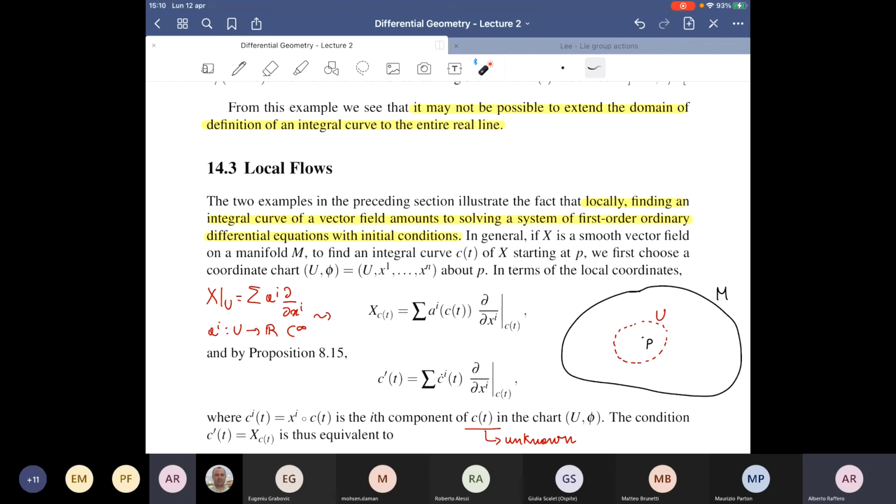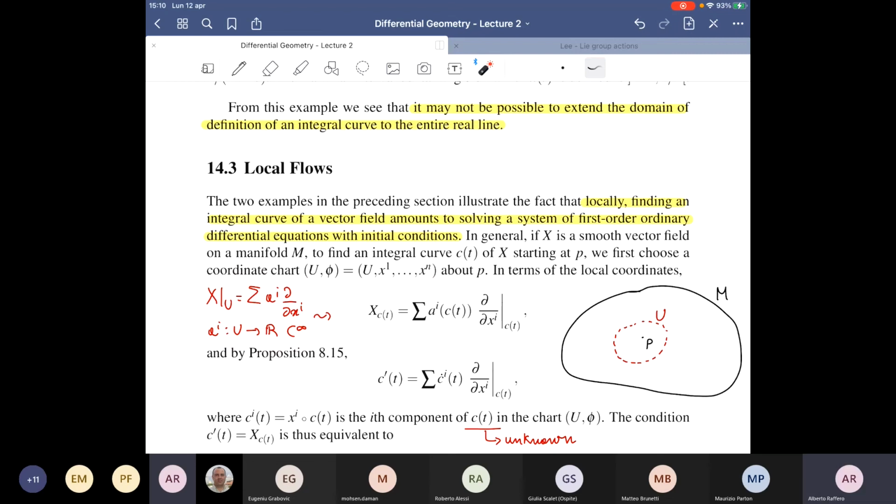In such a case, you saw last time that on this open set, you can use local coordinates to write your vector field locally with an expression like this one, where these a_i, which are the components, are some smooth functions defined on the open set and whose values are in the real line.